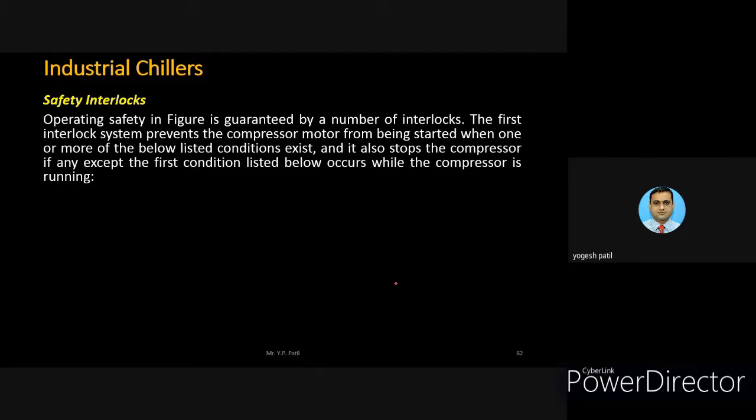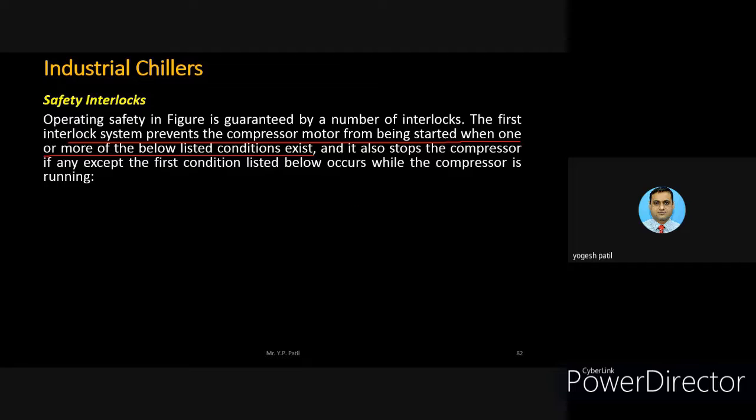The first interlock system prevents the compressor motor from being started when one or more of the below listed conditions exist. Okay, it means the interlocks are connected to the compressor motor, either the motor is on or off.